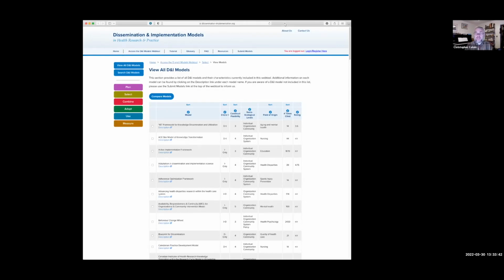This is a website from, I'm actually not sure the organization, but it's a list of dissemination and implementation models, D&I. So this includes both the implementation of policy options, but also the dissemination from research to policy, right? And the movement of evidence across those fields.